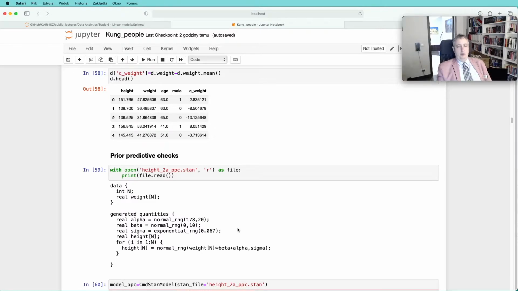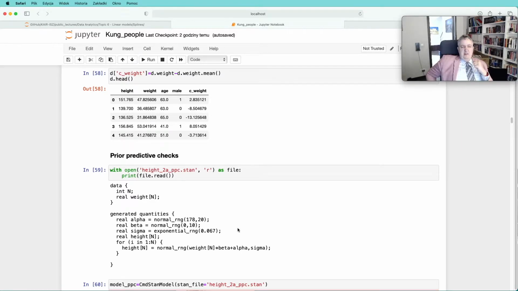If people are of average weight, the predictor takes a value of 0, and only the intercept corresponds to the entire relationship. So alpha corresponds not to 0 weight, because 0 weight makes no sense, but to the mean at the average weight. So that's why centering is popular. It has certain limitations because it can lead us to some pathologies in certain cases, but we won't be covering it today.